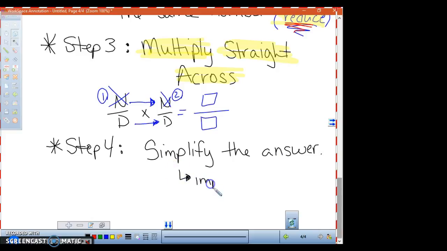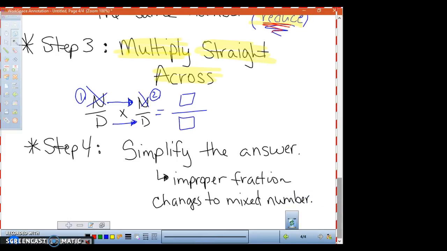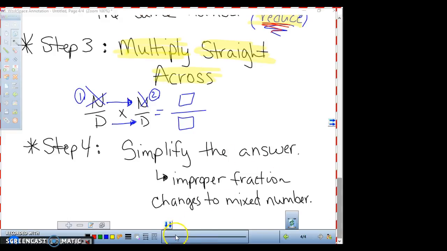Like I said, change improper fractions to mixed numbers. If you did not reduce fully in step 2, you will also have to reduce again here. If you did reduce fully and accurately in step 2, you don't have to worry about it. All you have to do is make sure they're not improper fractions.